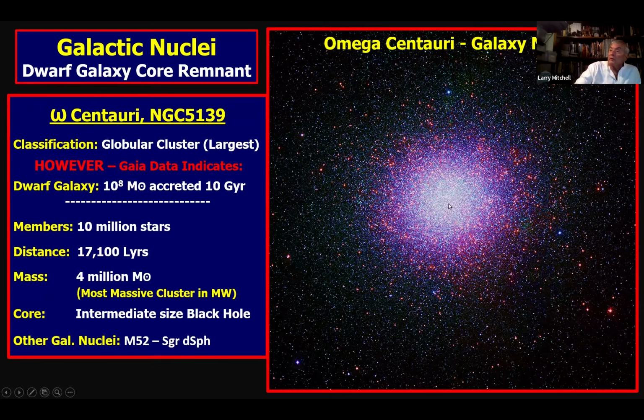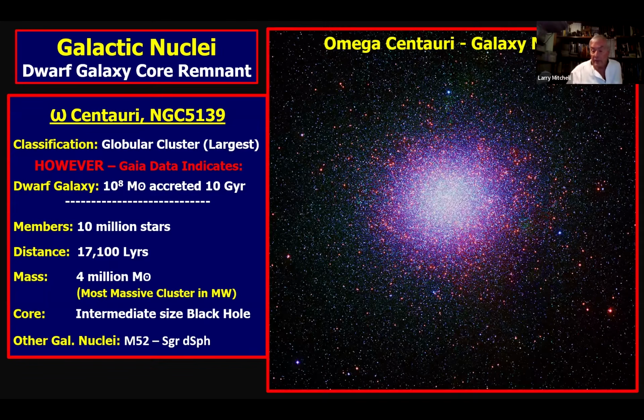And the reason it's able to retain this and why we know that it is a galaxy nucleus is its orbit is highly inclined. So it dives almost perpendicularly through the plane of the Milky Way galaxy. And as such, very few stars are separated from the galaxy proper. There's another cluster in our Milky Way galaxy, which we think is also a galaxy nucleus, and that's Messier 54.